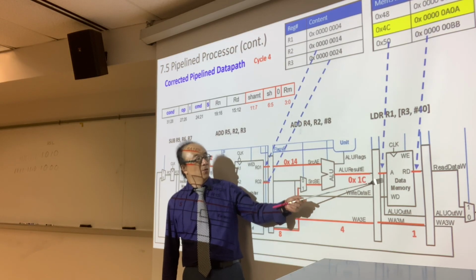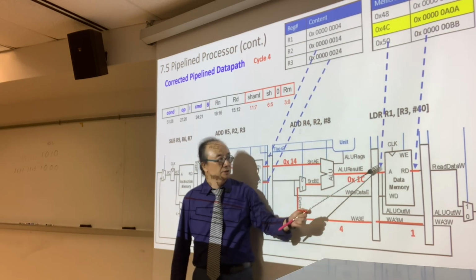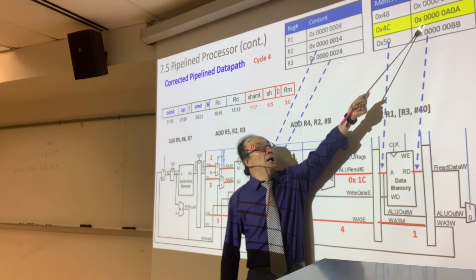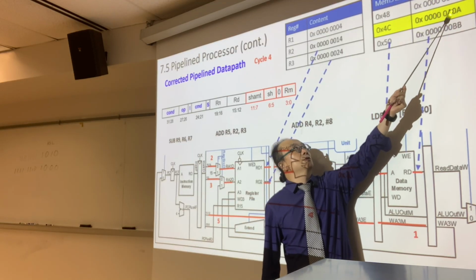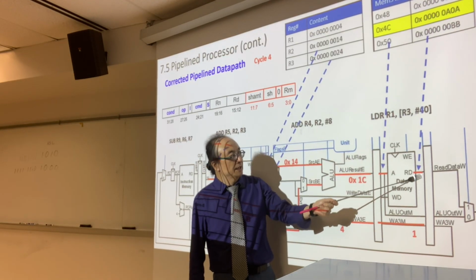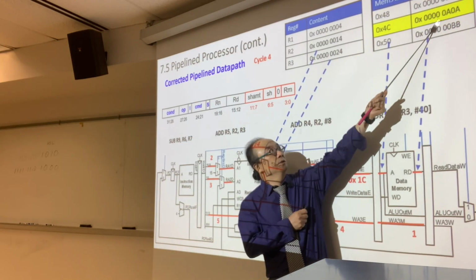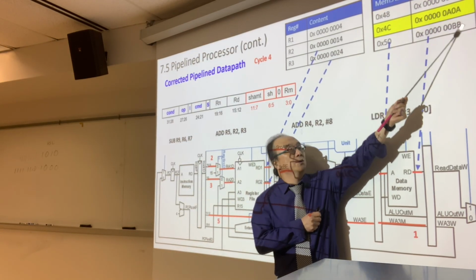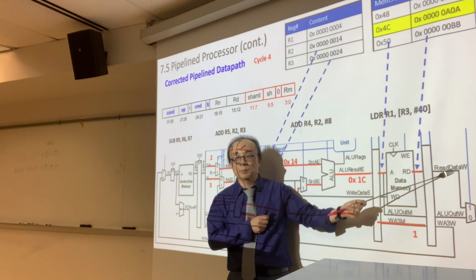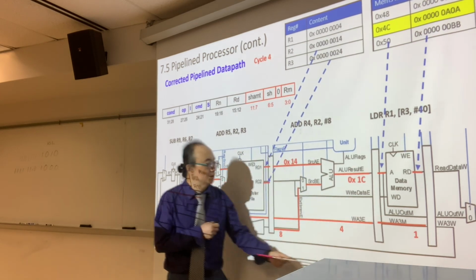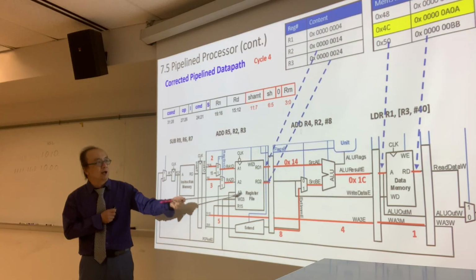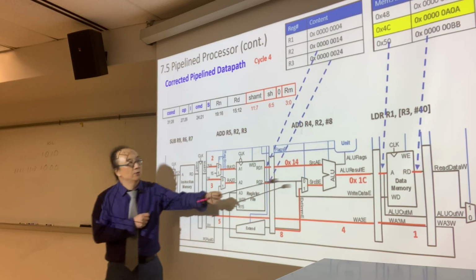And then the 4C is going to go here, and then read the content, 00000A0A. That's right there. So in the next cycle, this value 00000A0A is going to be here, and we want to store that into register 1. That's what we're going to do.